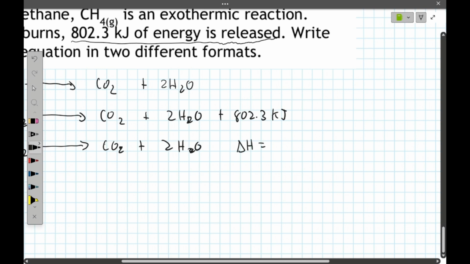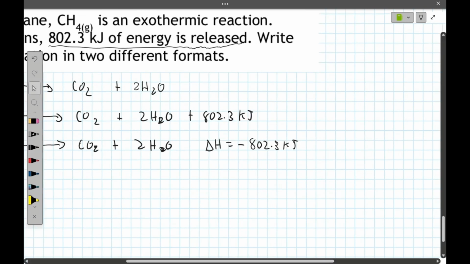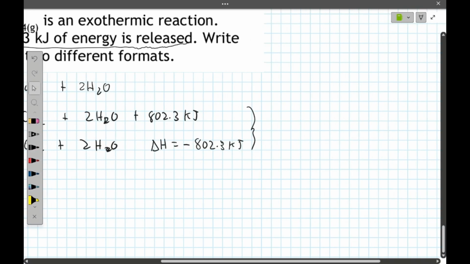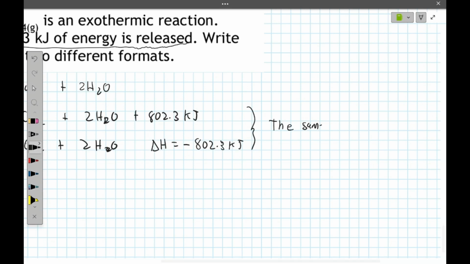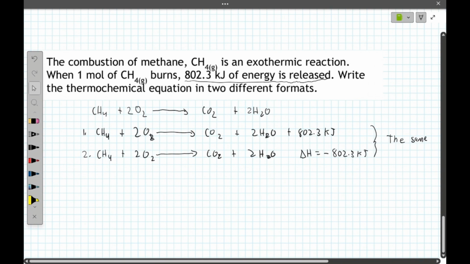Change in enthalpy is equal to negative 802.3 kilojoules. So these two here are the same. So these two mean the same thing but are written differently.